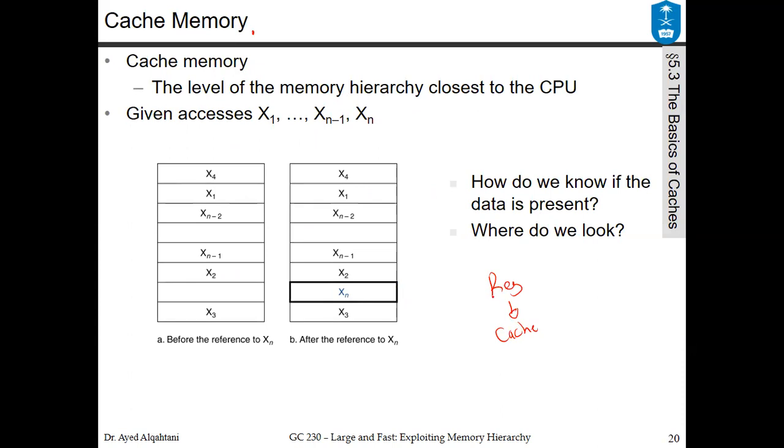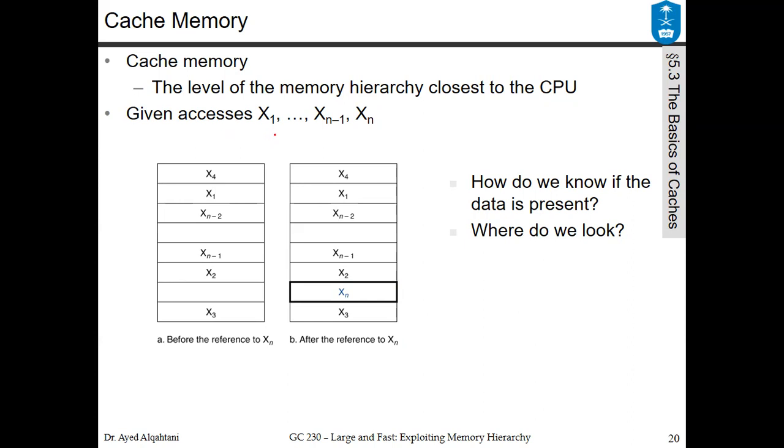In chapter 4, when we talked about the processor, and in the previous chapters, we used the registers many times. We know exactly that we have a register file, and we can read and write it. Now we will talk about the cache. The cache memory is the level of the memory hierarchy closest to the CPU. Notice that the registers are actually part of the CPU.